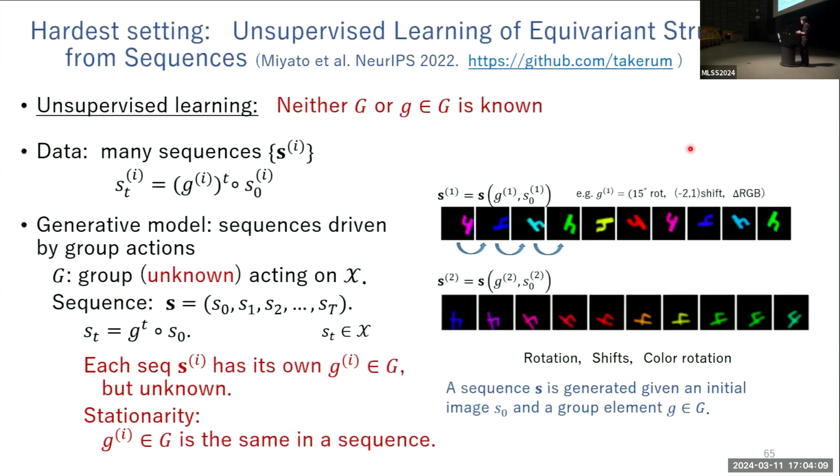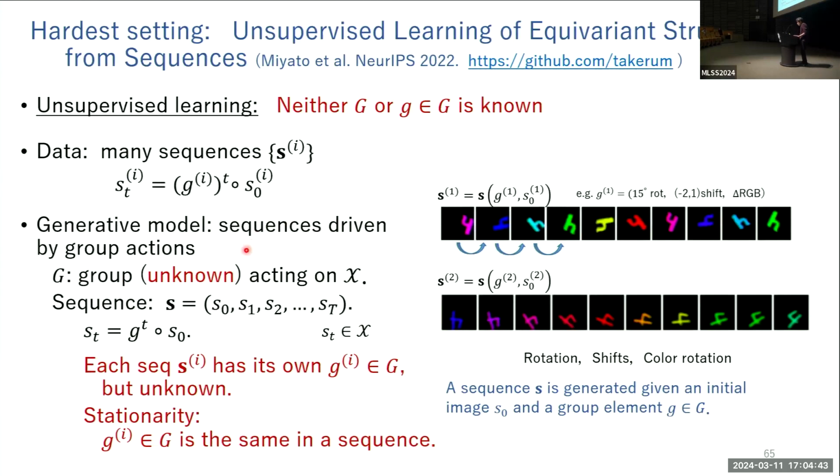So I mainly explained the hardest setting of the unknown G, or unknown group element small g. We call it unsupervised learning of equivariant structure. Instead of this lack of knowledge, we assume that many sequences driven by group action are observed, and extract the group information from those sequences.